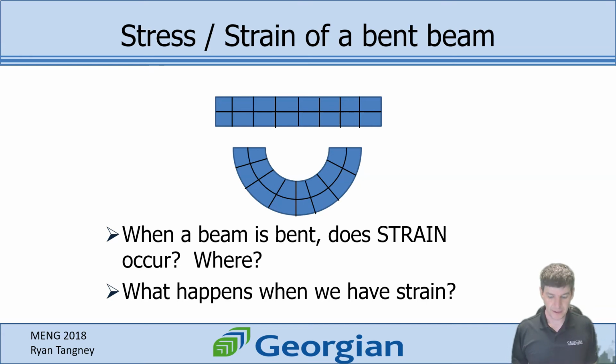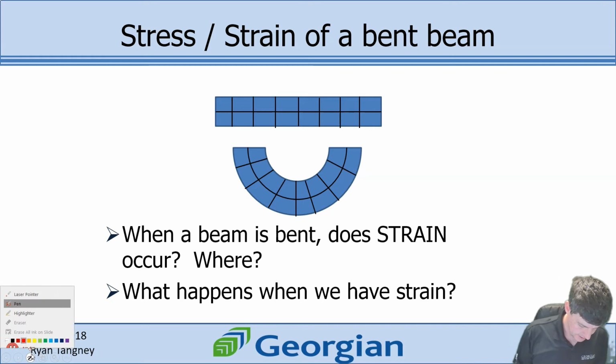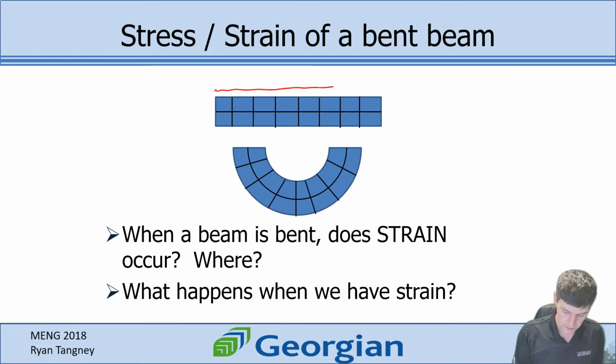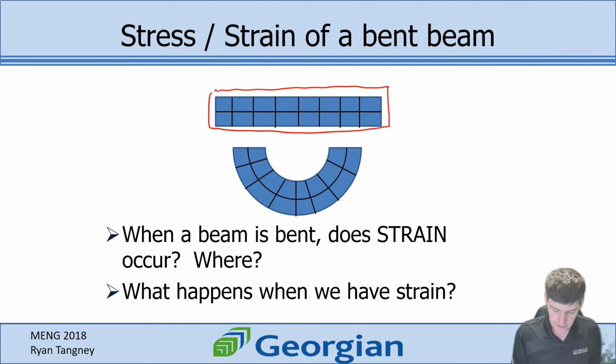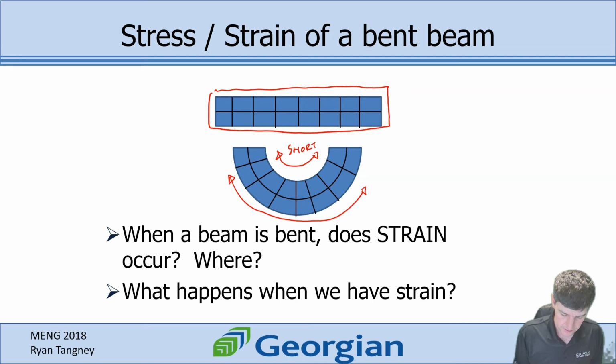And so if we look at my object here, which has changed, so I had my original object here, and now after it's been bent, this distance is short and this distance is longer.